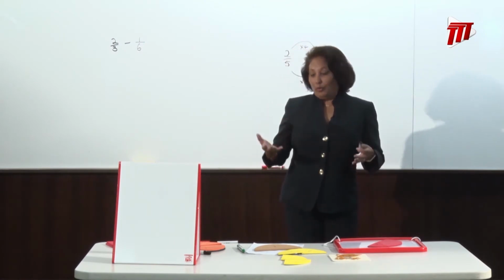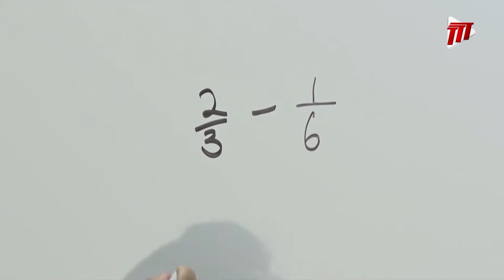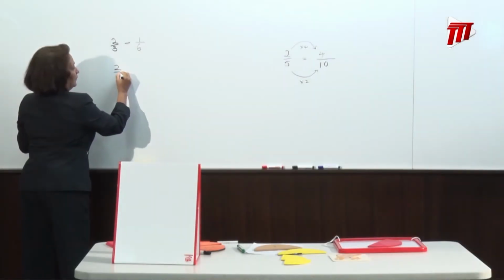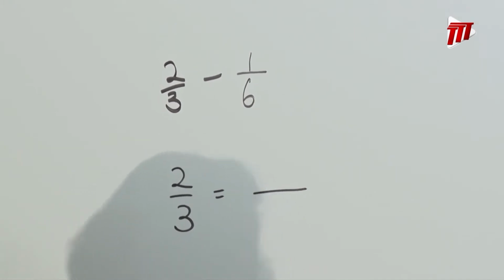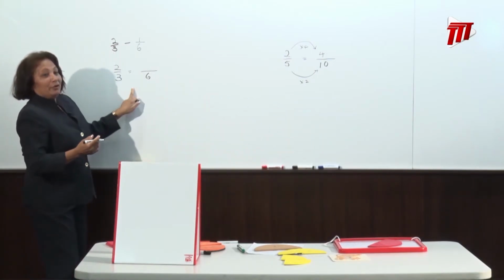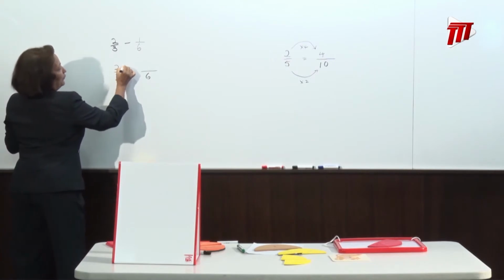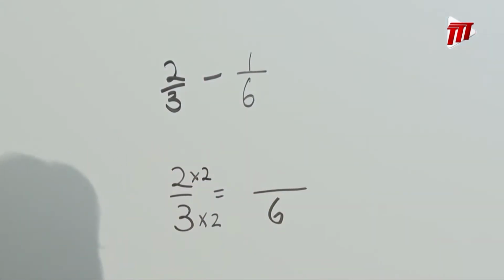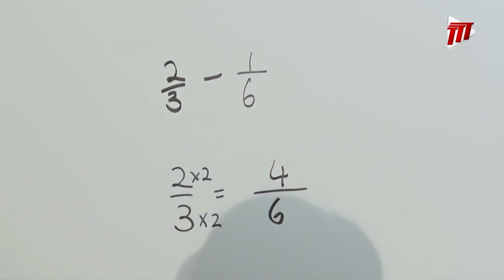They're not. So what we try to do is we try to get them to be the same. Now we know that they differ, so I could change my 2/3 into some number of 6. You're way ahead of me, right? So I'm going to multiply this by 2, and I'm going to multiply the numerator by 2, so we get 4/6.